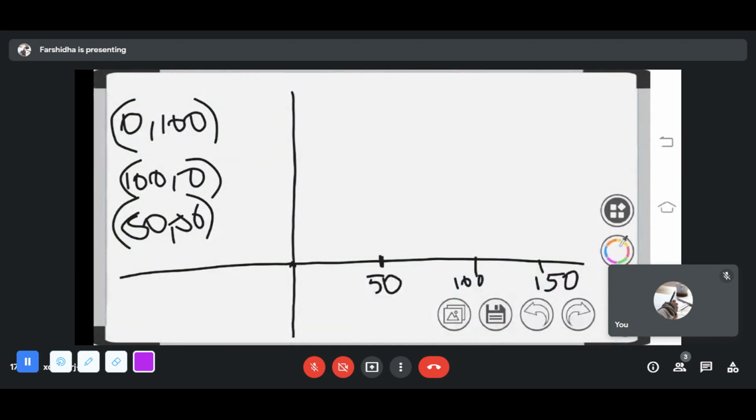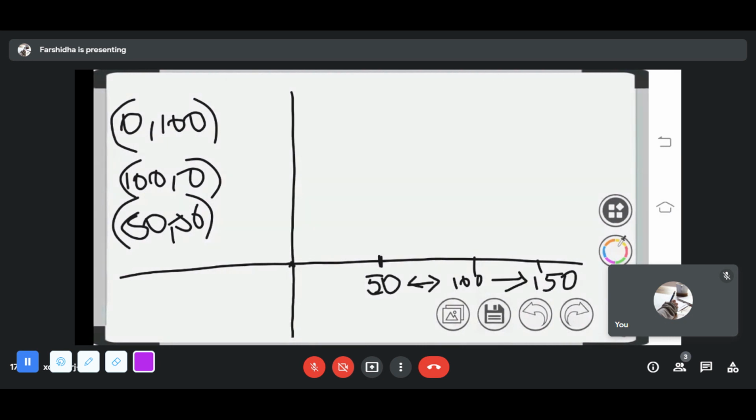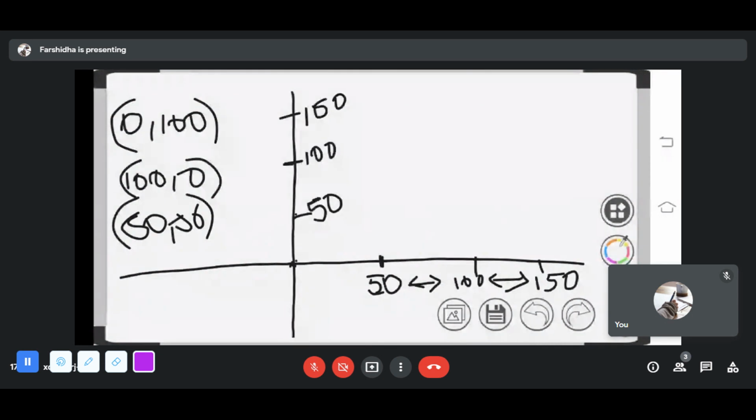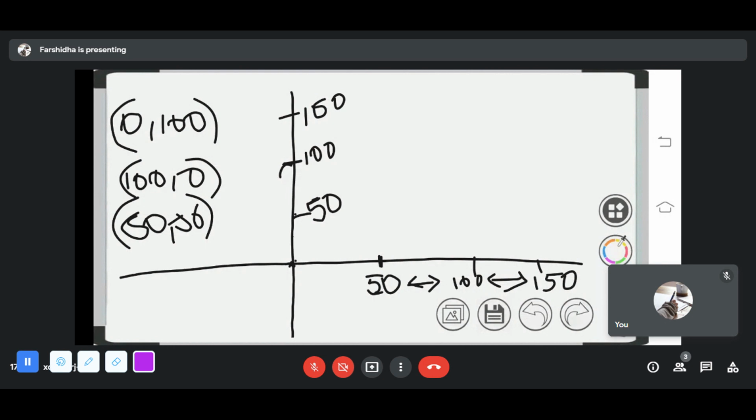You can take points like 50, 100, 150. But the difference should be the same. Okay, 50-50 difference. Here also I can take 50. No need to start with 1, 2, 3 every time. According to the question, you can write like this: 50, 100, 150. But you need to be careful. The difference should be the same throughout. Now, plot.